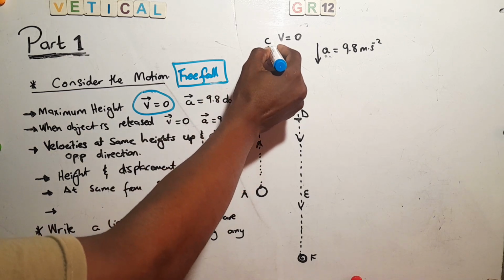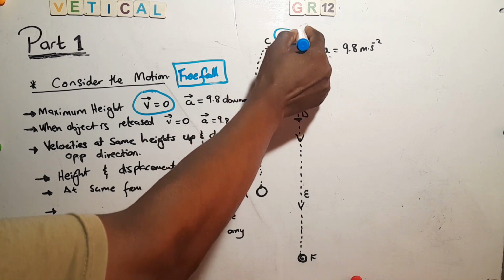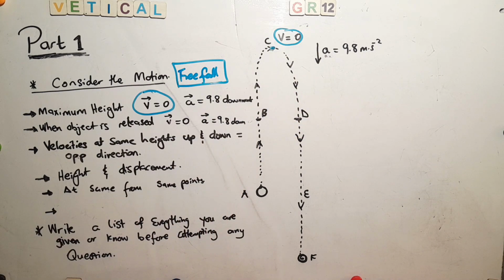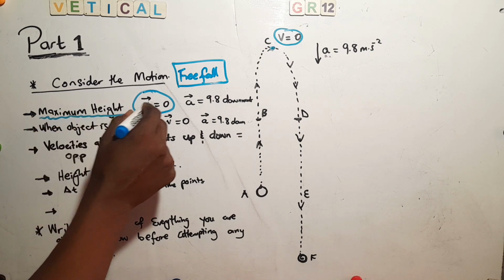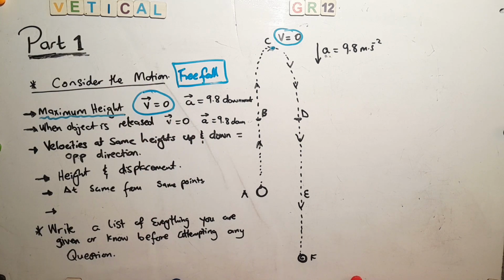So here your velocity is 0. At the maximum height, the velocity is 0. Always remember that.